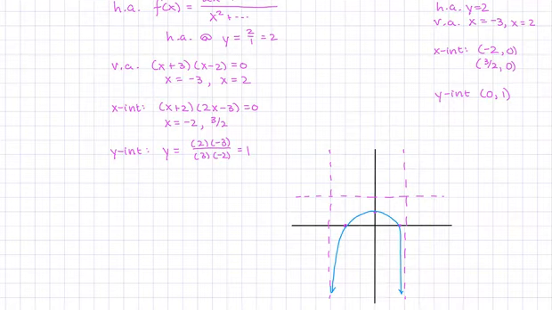Now, let's look at the left. Like I said, the branch is either going to have to go above or below. Does anybody know which one it is? On the left-hand side, will it be above or below the asymptote?